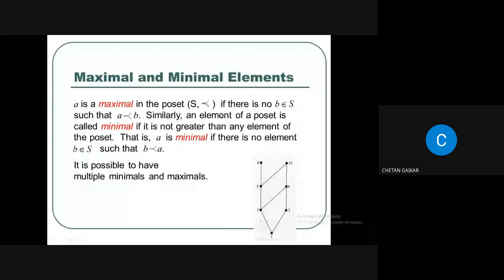A is a maximal element in the poset S, comma, partial order relation, if there is no B belonging to S such that A is related to B.